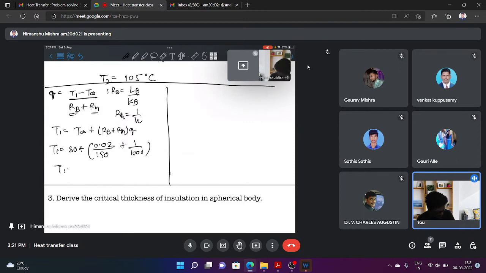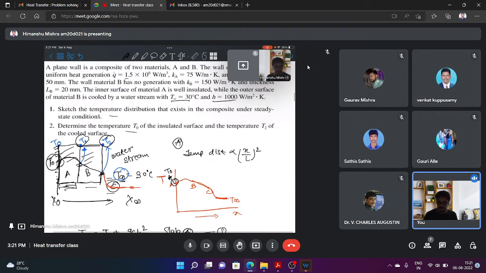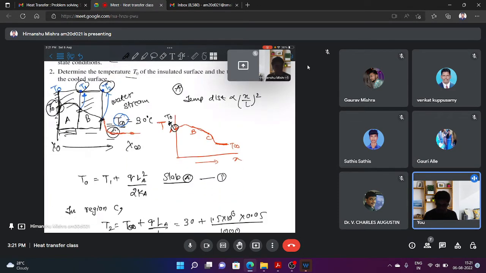So we will get temperature T1 as 115 degrees Celsius. Now that we know the temperatures T1, T2 and T infinity, we can easily find T0 from equation 1.